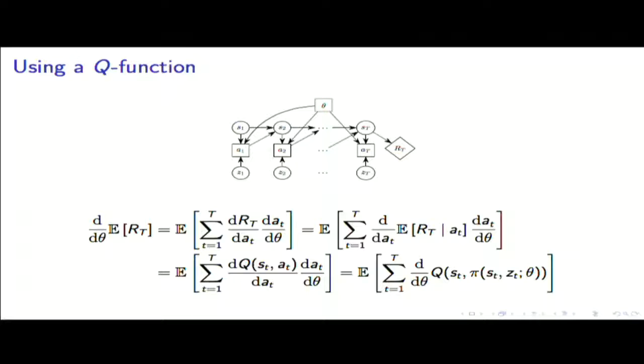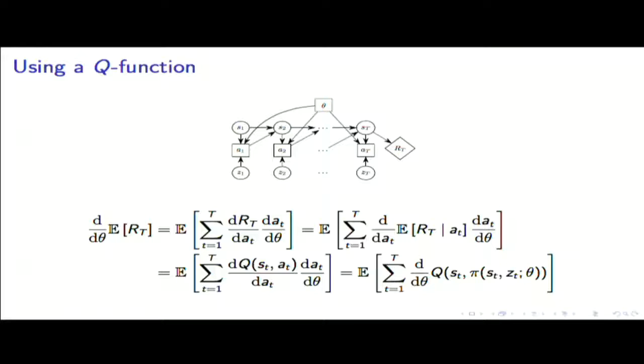So now we can break it down into this sum of derivatives with respect to the actions, and here we have the expectation of the reward given the t-th action, and this expression right here is just the state action value function. It's the Q function. So here we can write this as a sum of the gradient of the Q function times the derivative of the action with respect to the parameter.